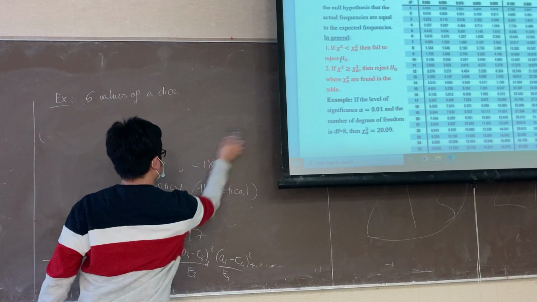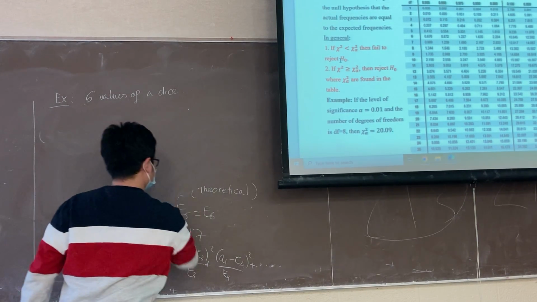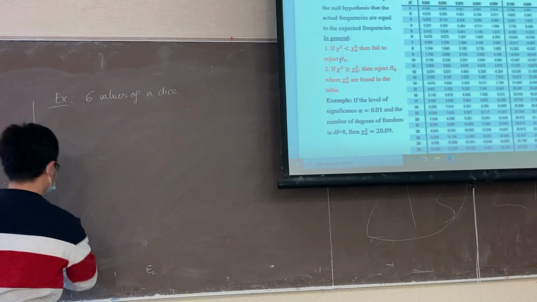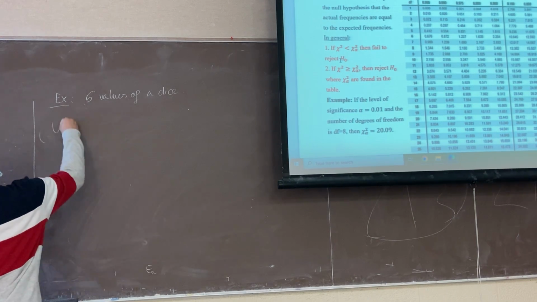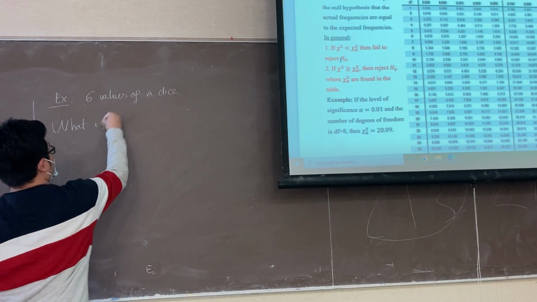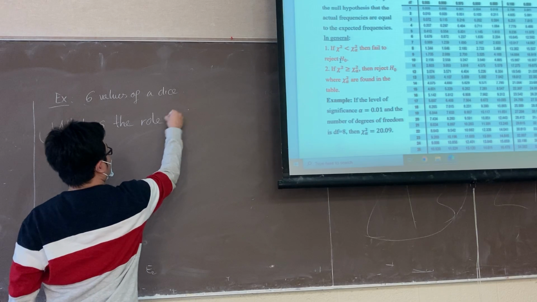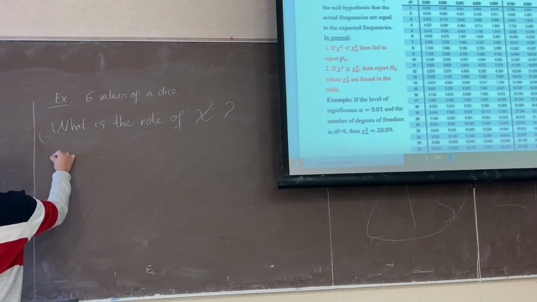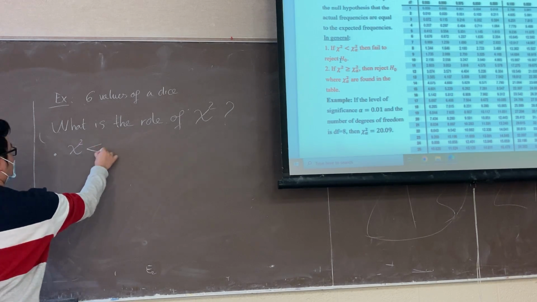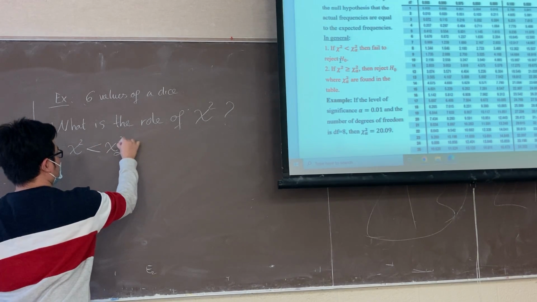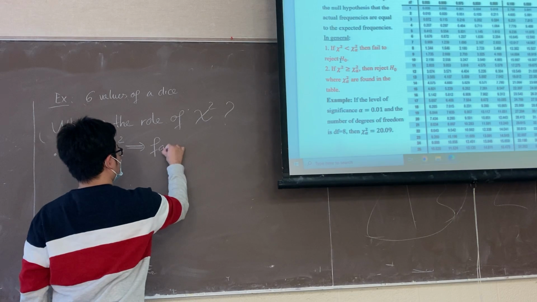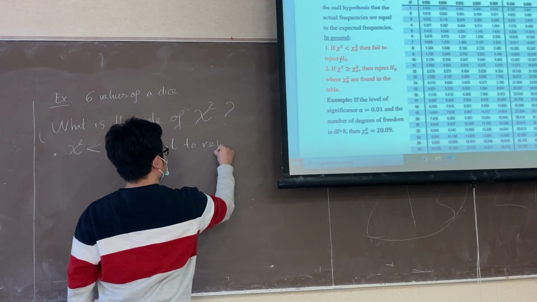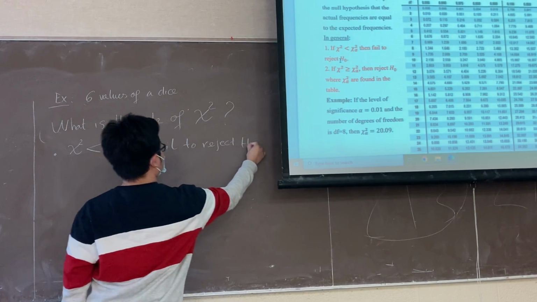Okay, we have two conditions. I will write down the rule for chi-square. If chi-square is less than chi-square alpha, then we fail to reject the null hypothesis.